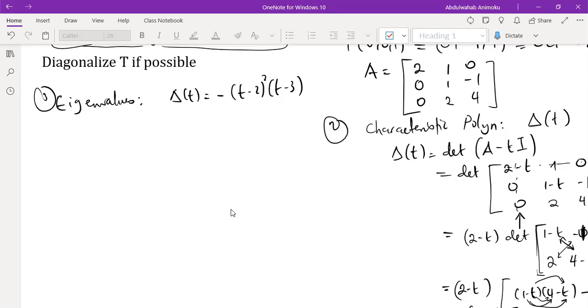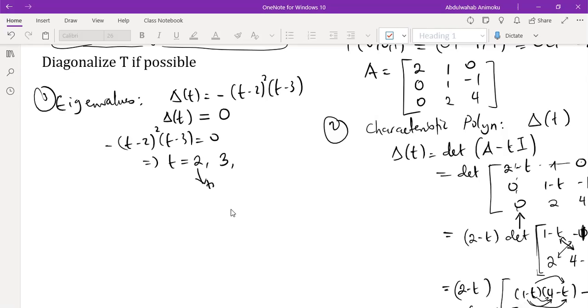So what does that mean? The eigenvalues are the values of t that would be the roots of this characteristic polynomial, which basically means the values of t that will make the polynomial equal to 0. So if you do that, you'll see that t minus 2 squared, t minus 3 equal to 0, which means t is equal to 2 and t is equal to 3.